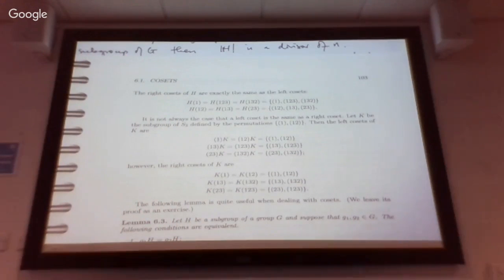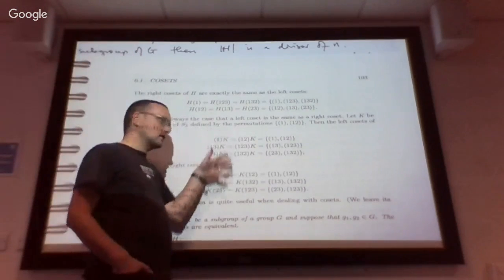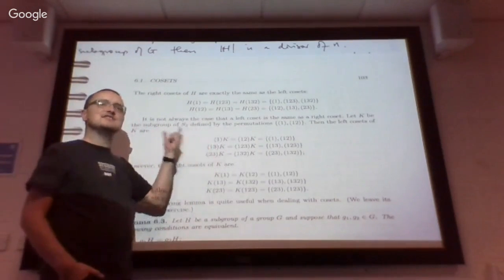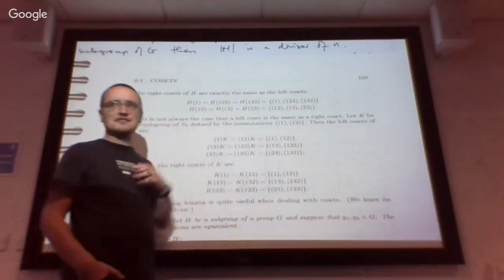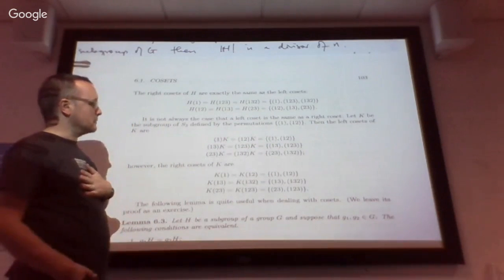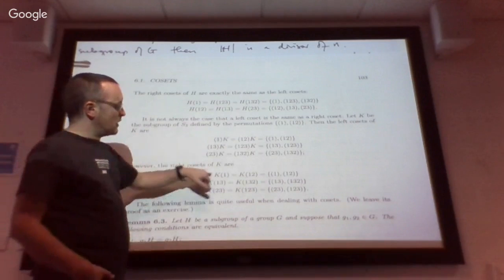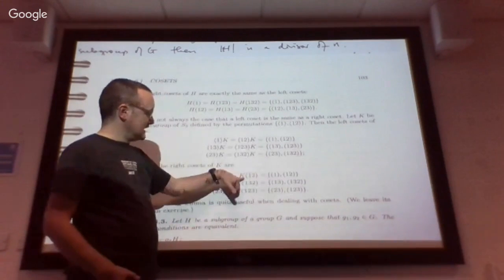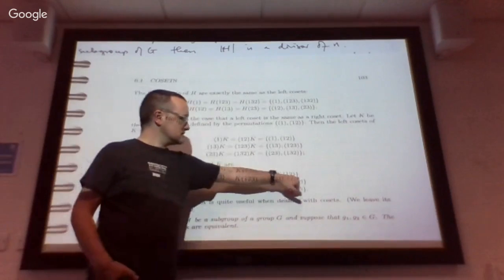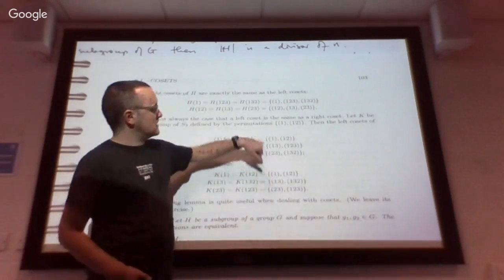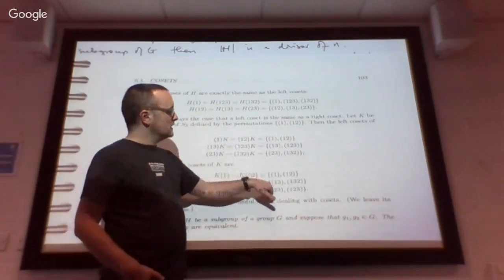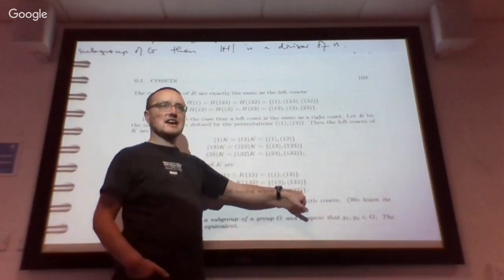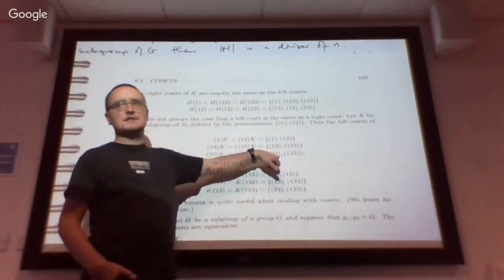If you look at the right cosets, this requires a lot of computation to evaluate all the products, but K occurs as a right coset and K also occurs as a left coset. However, in this example, the other 2 right cosets are different from the left cosets.